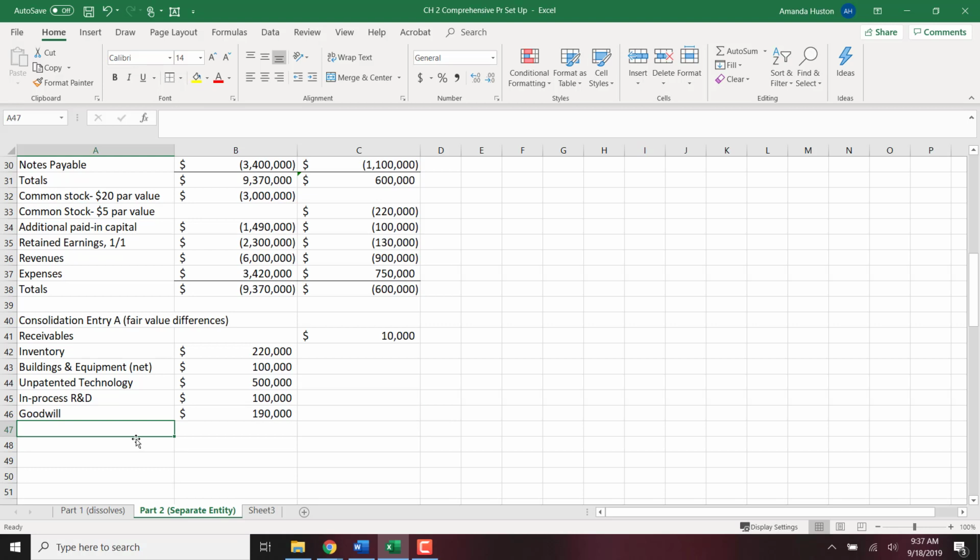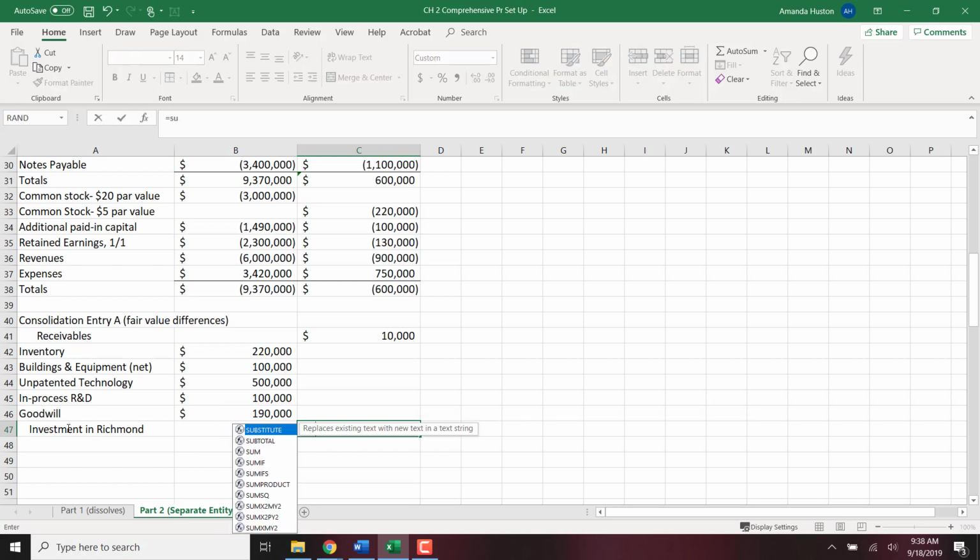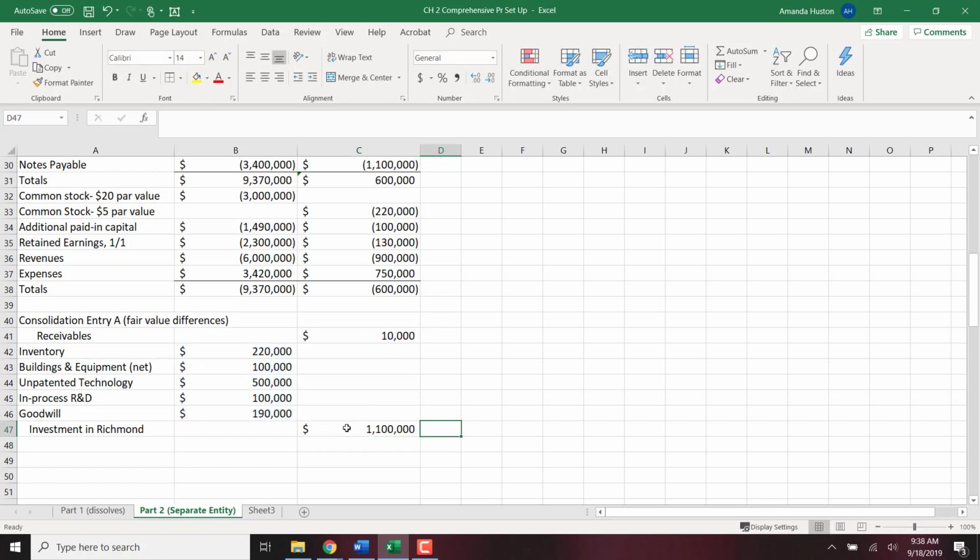And the other side of this, this is really a credit, right? So I'm going to move that over. We would credit investment in Richmond, which equals the sum of all of these minus the credit that we already have.